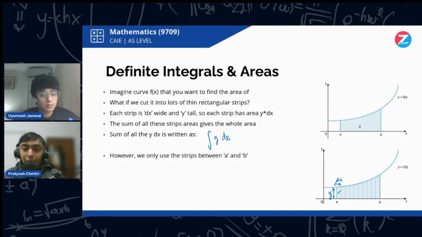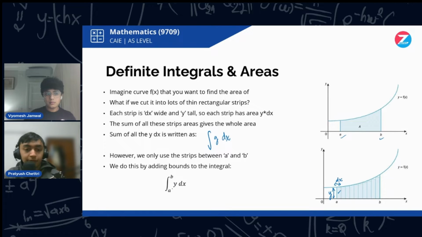But we're not just adding everything under the curve, and we can't add everything under the curve unless we want to go from infinity to infinity. No, what we're doing is we're only getting the bits between a and b. So we do this by adding our bounds, from a to b.